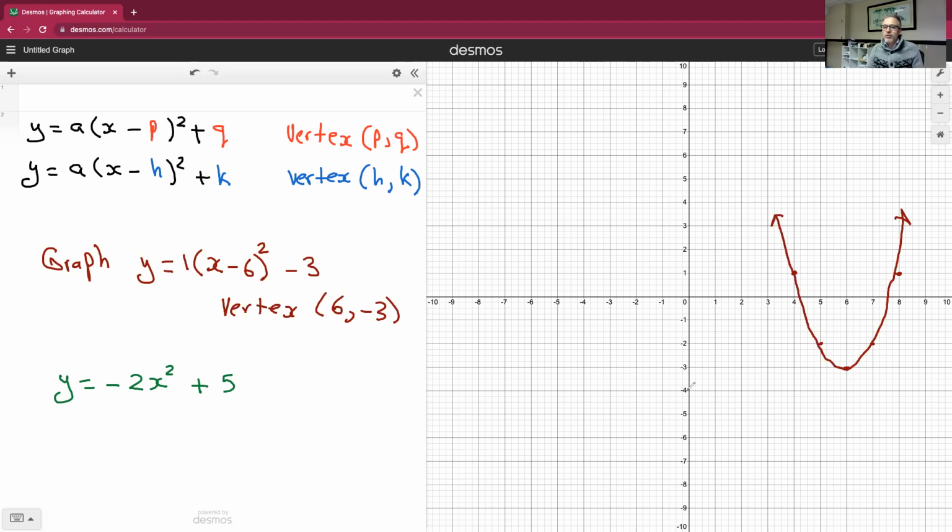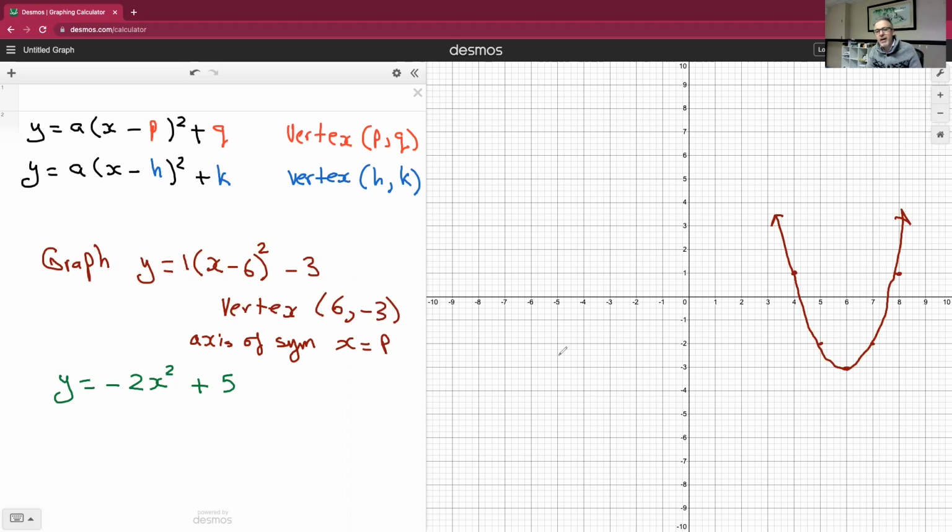Okay. One thing that you have to know about parabolas is finding the axis of symmetry. So the axis of symmetry is basically x equals p or h. I work with p and q, so it's x equals p.